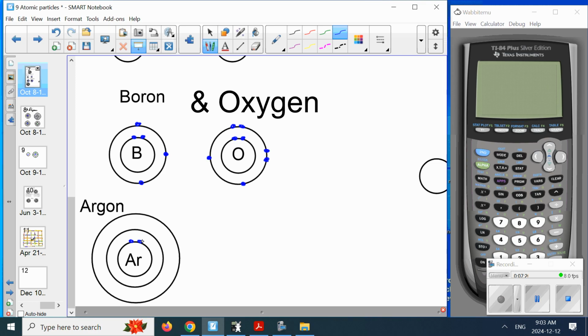We're going to put 8 electrons in the second ring. I'm going to go single, single, single, single, there's 4, then 5, double up, 6, double up, 7, 8. Try to make them somewhat symmetrical.